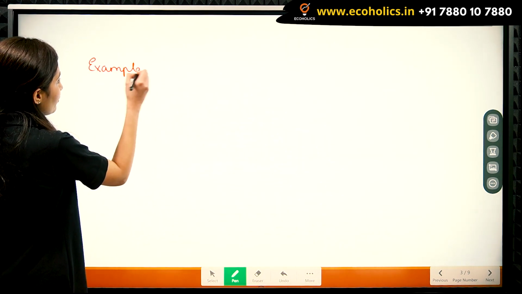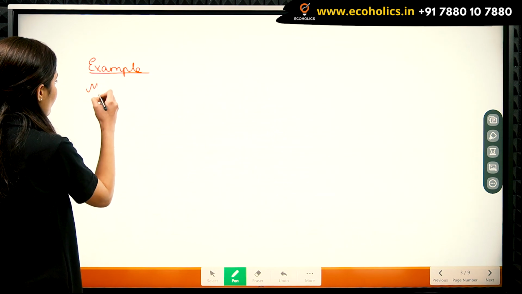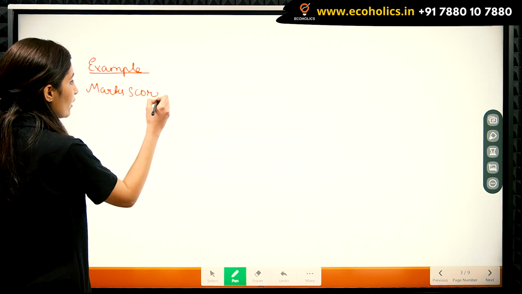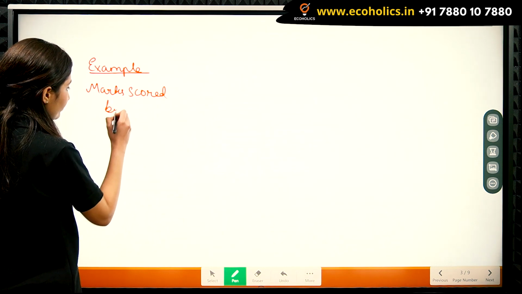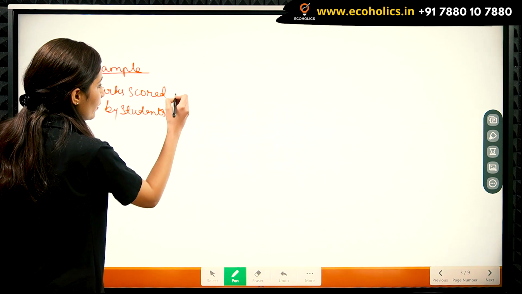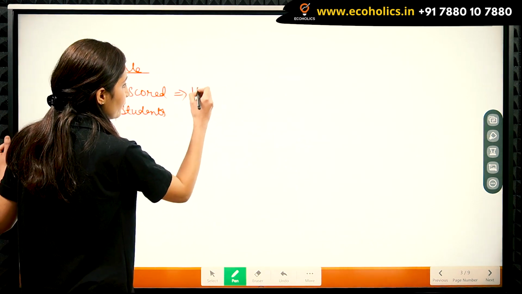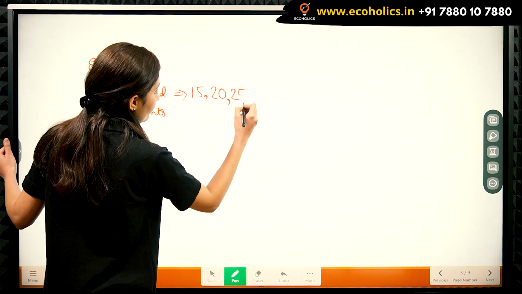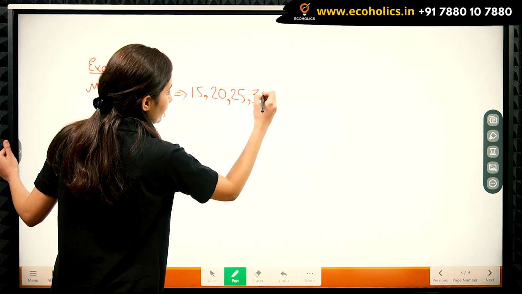So let's take a simple example. We have marks scored by students: 15, 20, 25, 30 and 35.